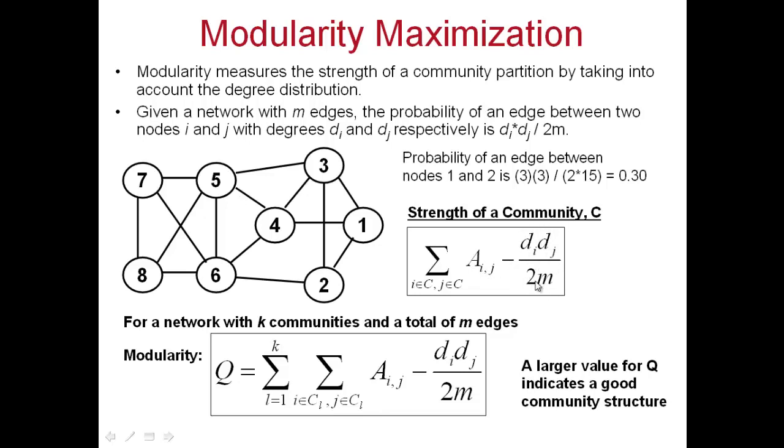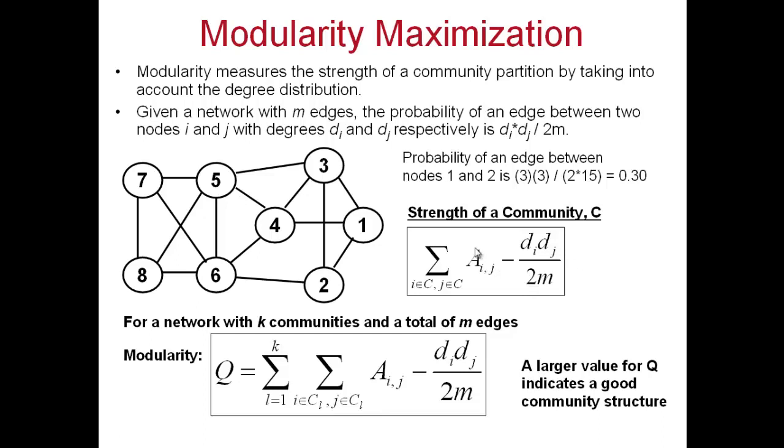Now the second term is a probability, so this product of the degrees divided by 2m, where m is the total number of edges in the graph, is always less than or equal to 1. So 1 minus something less than or equal to 1 is going to be a positive quantity. It's 1 minus something less than 1, so it's going to be greater than 0.